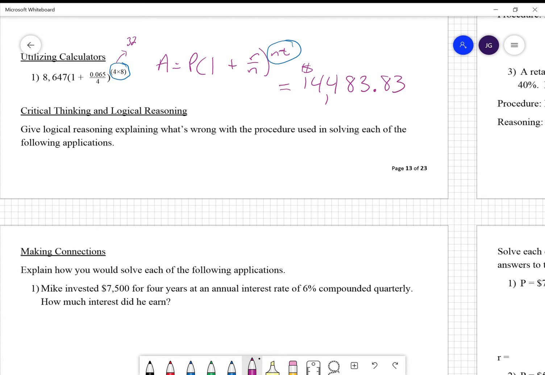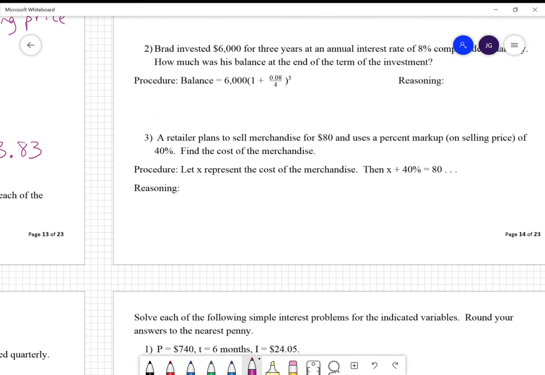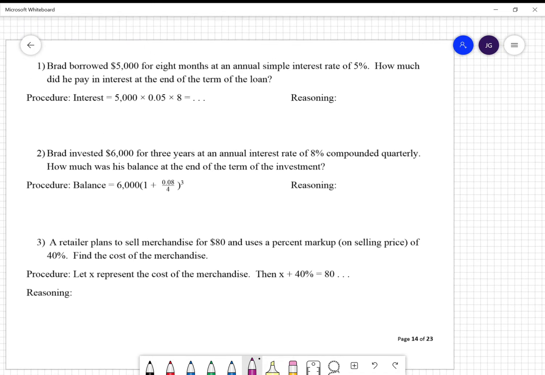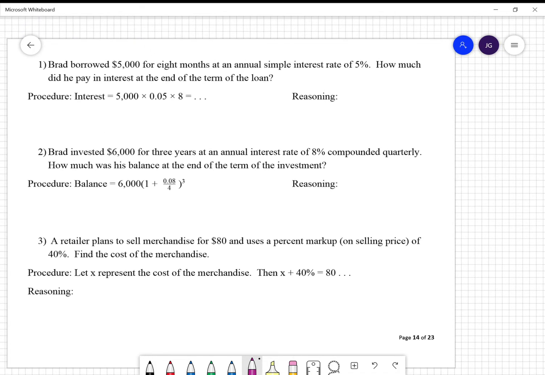Okay, in this next set, we're talking about critical thinking and logical reasoning. You are going to be given a problem and a procedure. It's wrong. Give me logical reasoning explaining what is wrong. So the first problem we have, Brad borrowed $5,000 for 8 months at an annual simple interest rate of 5%.